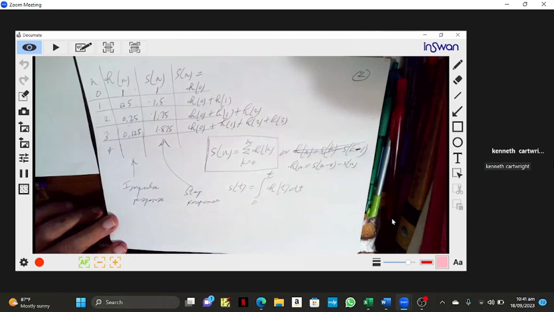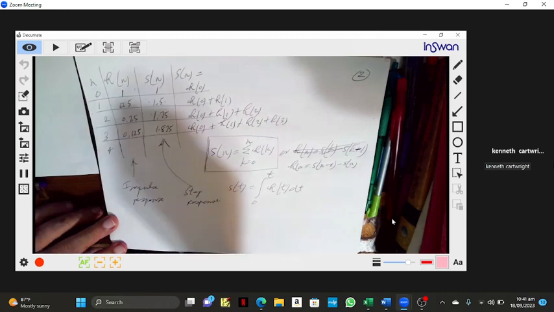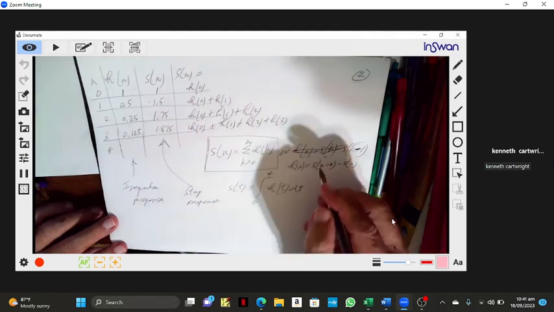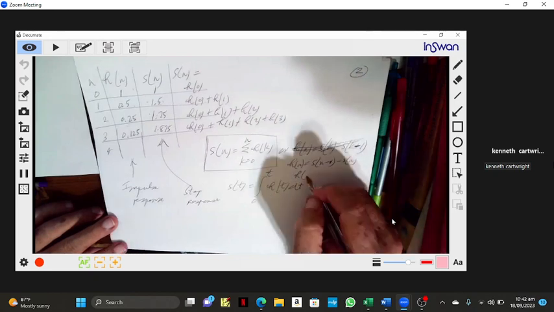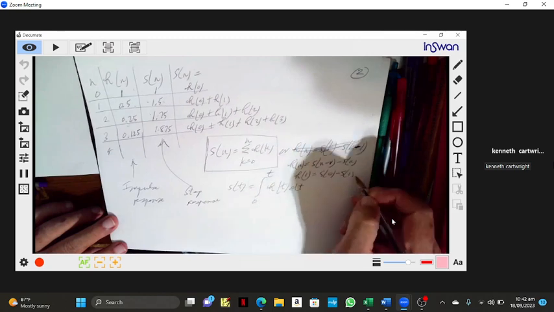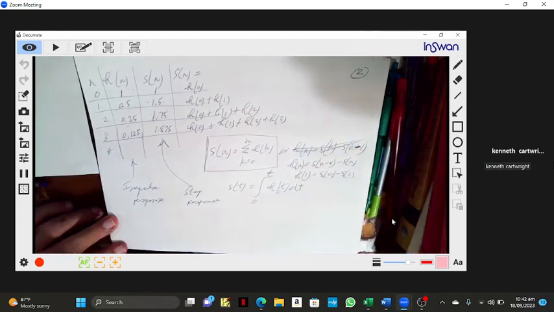Example, H of 1. Actually, it's the other way around, isn't it?